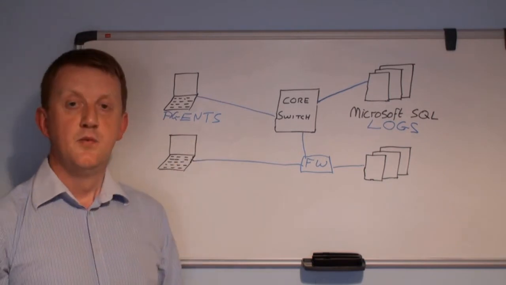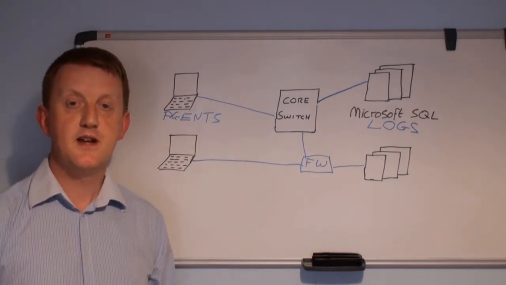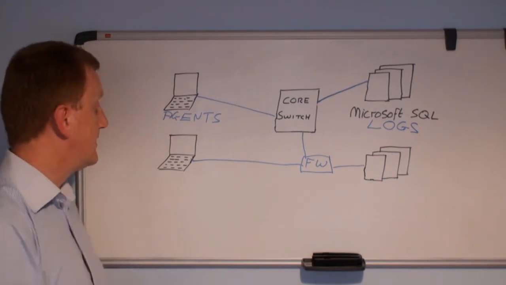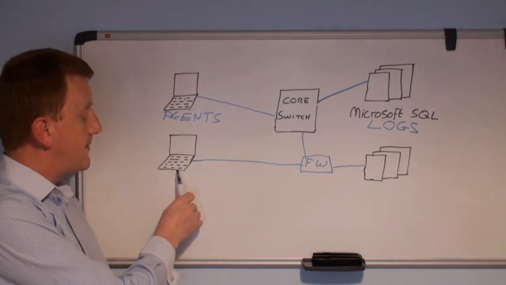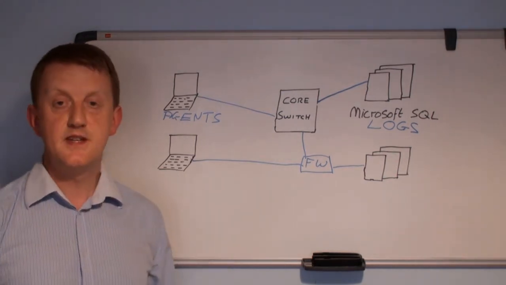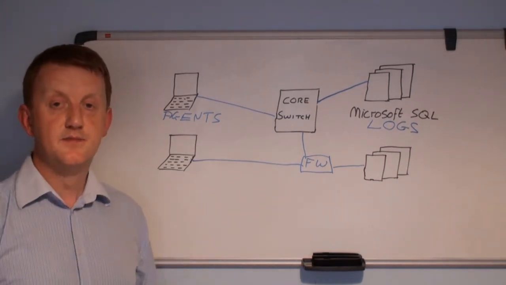However, we need to make sure that every single PC on the network, including any contractors or any third parties that may come in to connect, have all got the agent installed. Now that causes a problem for us if we've got external people connecting in via the DMZ into web applications. We have no way of installing agents on that.